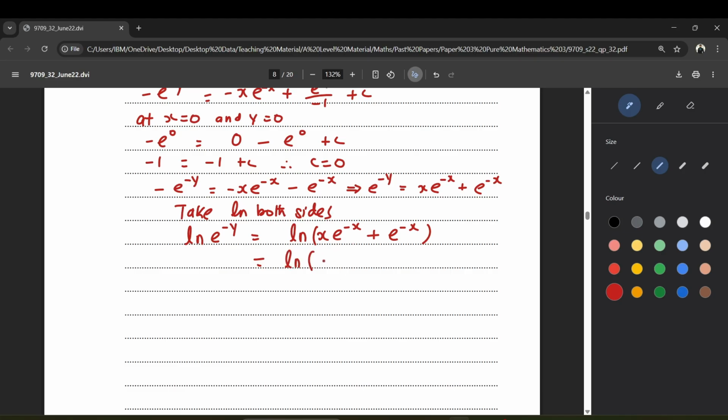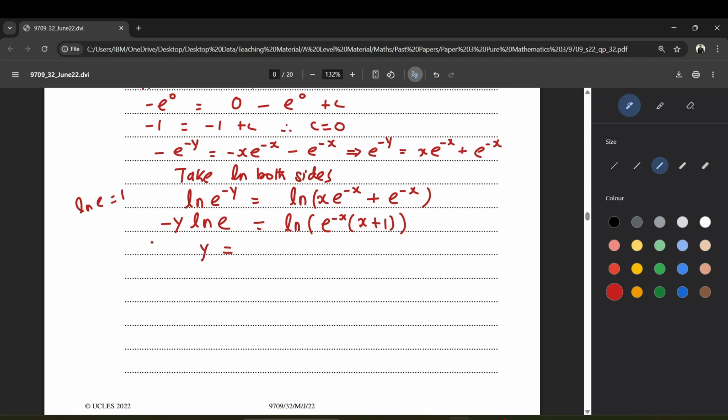So we can say ln of e to the power minus x times x plus 1, and over here minus y times ln e. We know that ln e is equal to 1. So this becomes 1, and this minus can be shifted to the other side. So we can multiply both sides by minus 1. So this becomes minus ln of e to the power minus x times x plus 1, and that's your answer.